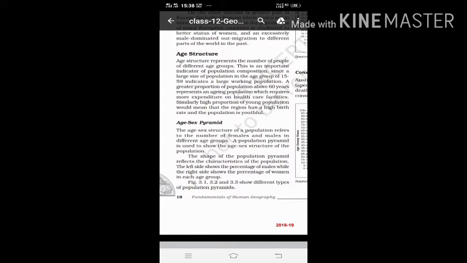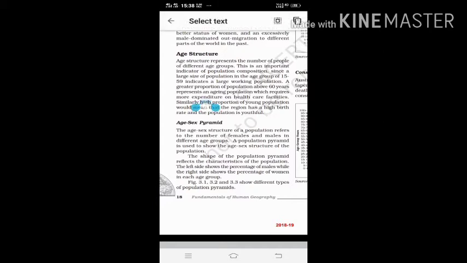And number three is high proportion of young population, which would mean that the region has high birth rate and population is youthful. Remember these 3 points and you will be able to answer all the questions regarding age structure.